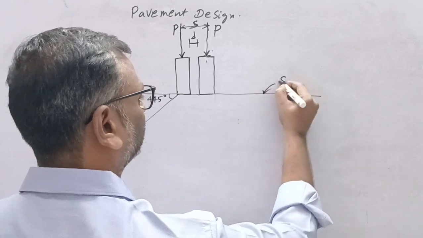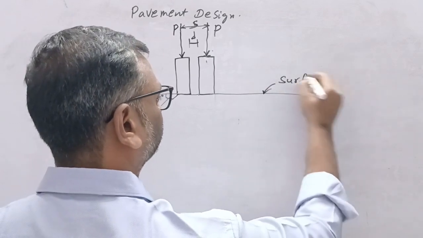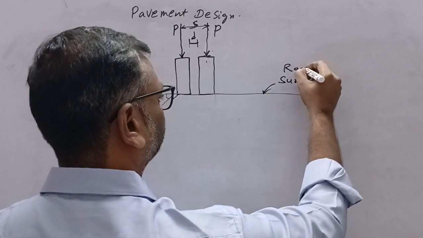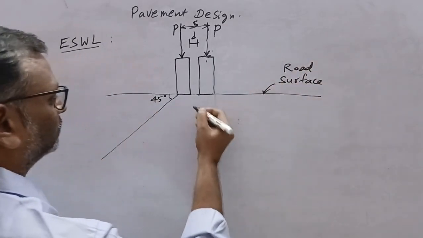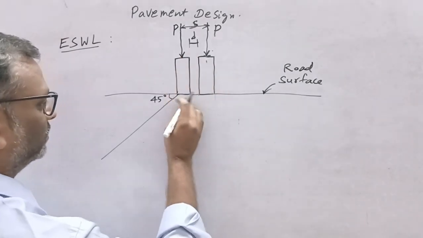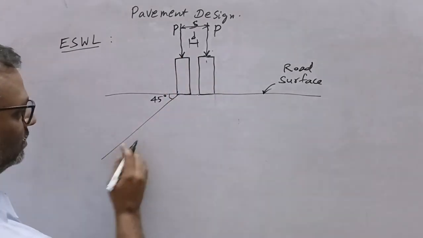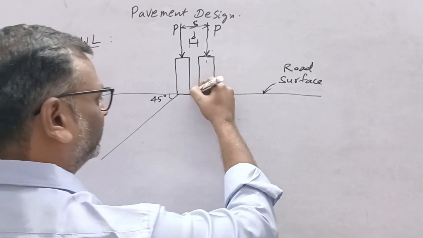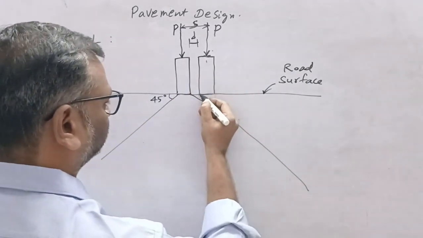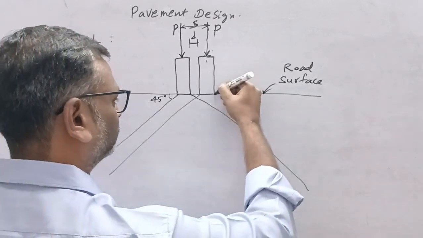This is the surface of the road, the pavement surface, and each wheel will distribute the stress at 45 degrees like this.